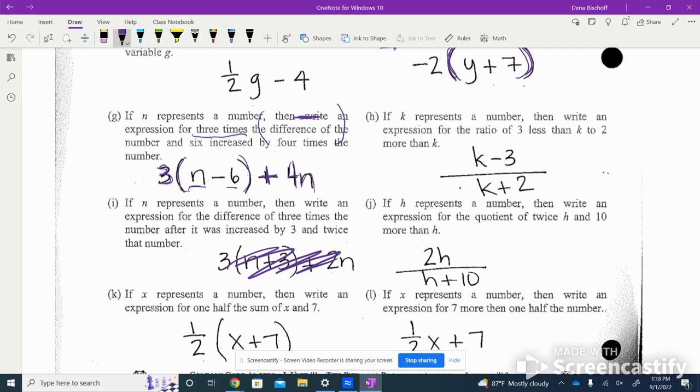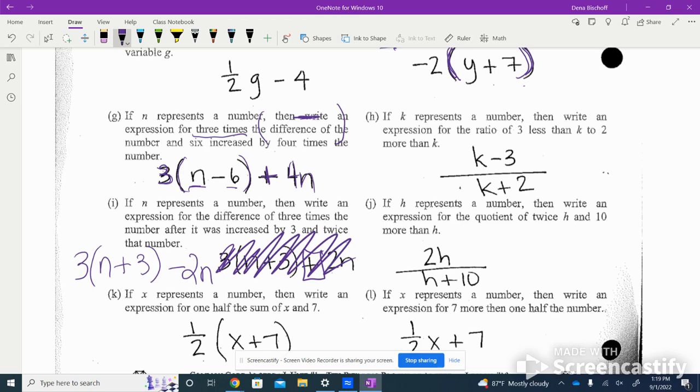So the difference of 3 times a number after it was increased by 3 and twice that number. There should have been a minus symbol right here. So we're taking 3 parenthesis n plus 3 minus 2n. So on my example that I actually did, this should have been a minus sign right here. This is wrong. That's why I scribbled it out.